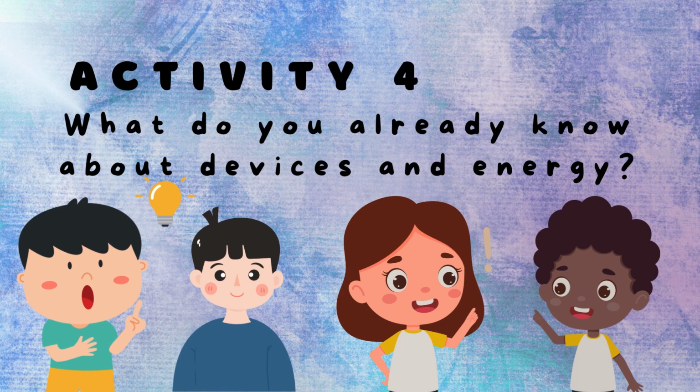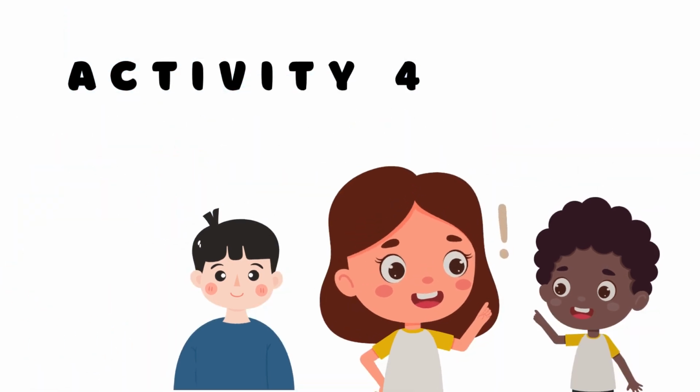Let's start. We have activity 4. What do you already know about devices and energy? As we talked about, devices need energy to be operated. The good news is that we will study this activity as a game.